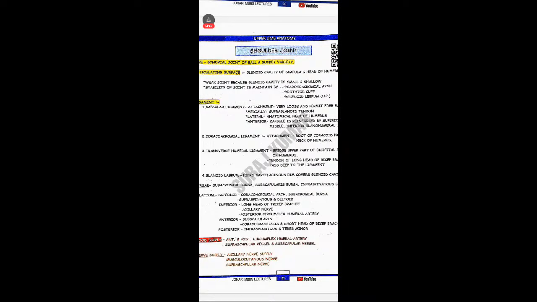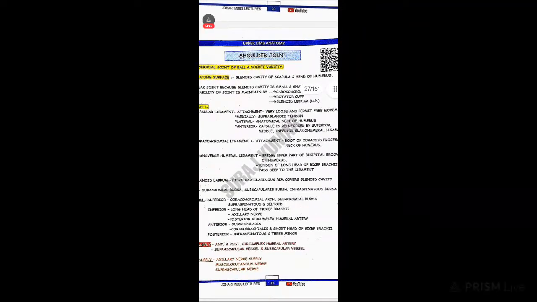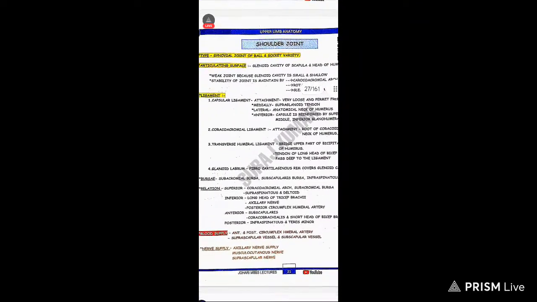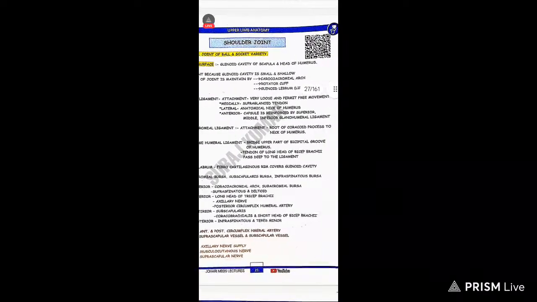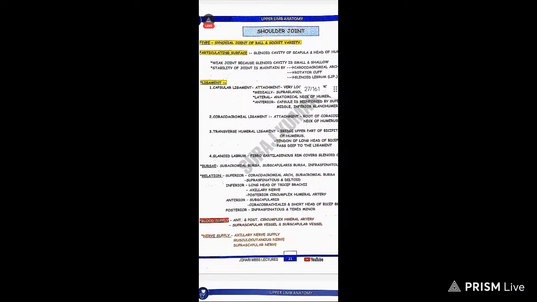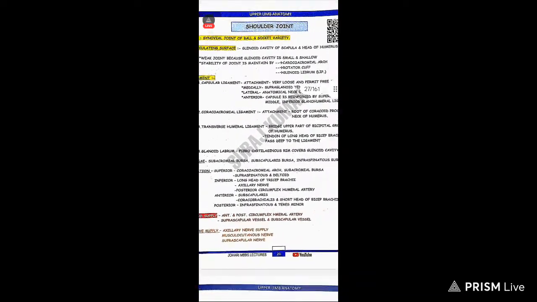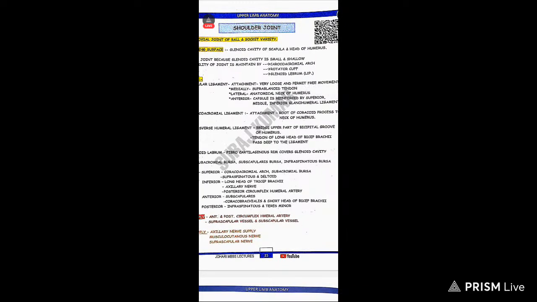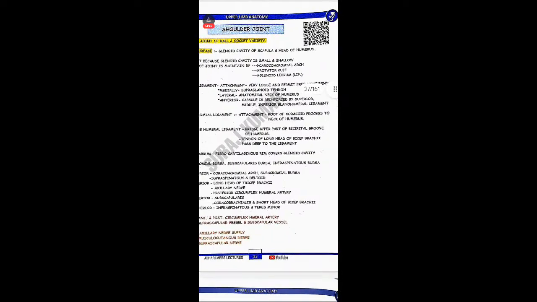Talking about coracohumeral ligament or coracoacromial ligament. It is a strong band of fibrous tissue that passes from the base of the coracoid process to the greater tubercle. Coracoacromial ligament, root of coracoid process to neck of humerus.